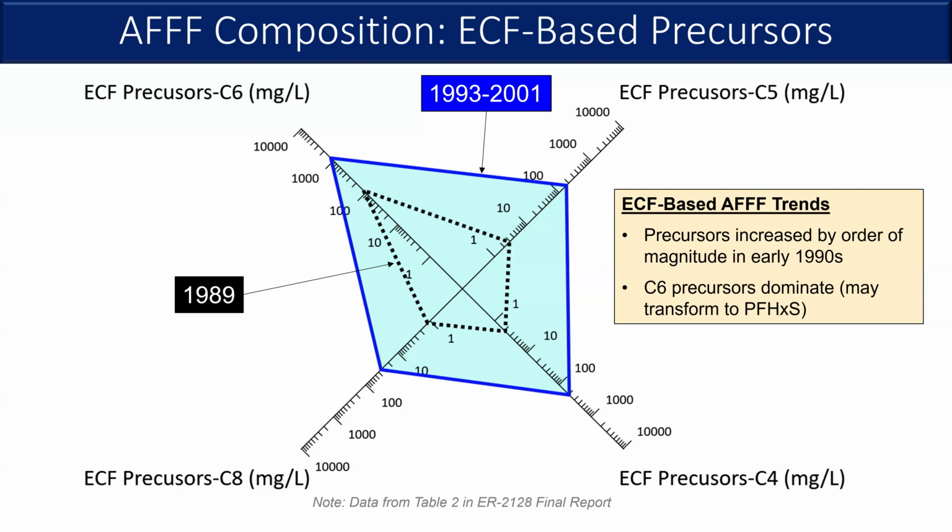That's why, even though PFOS is much higher in ECF-based AFFF than the other compounds, we sometimes see PFHxS at even higher concentrations in groundwater, because a lot of these C6 precursors have biodegraded to PFHxS. So at a lot of AFFF sites, if you have high concentrations of PFOS and PFHxS, then you know a fair bit of ECF-based AFFF product was used at that site.